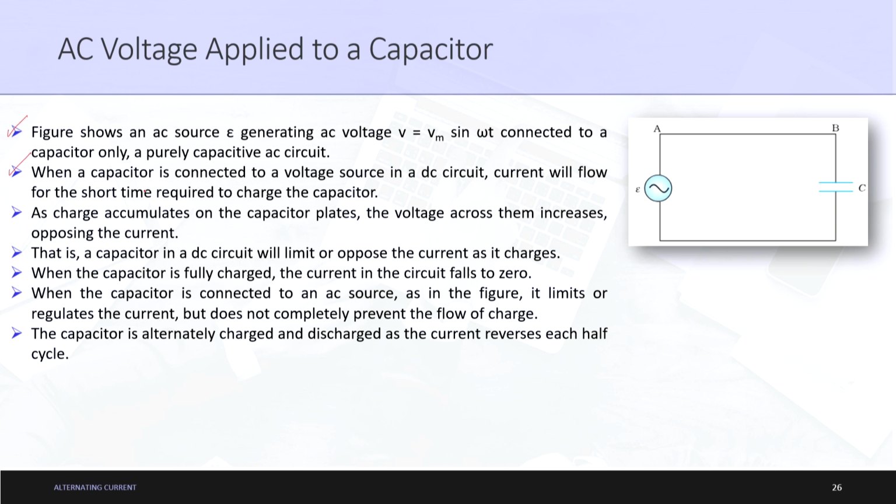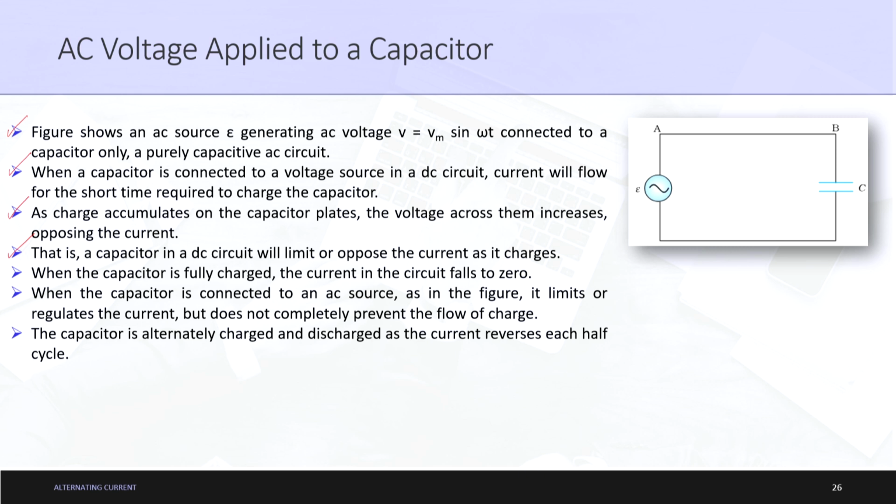So, when a capacitor is connected to a voltage source in a DC circuit, current will flow for the short time required to charge the capacitor. As charge accumulates on the capacitor plates, the voltage across them increases, which opposes the current. Because the voltage keeps on increasing, it tries to oppose the current. That is, a capacitor in a DC circuit will limit or oppose the current as it charges.